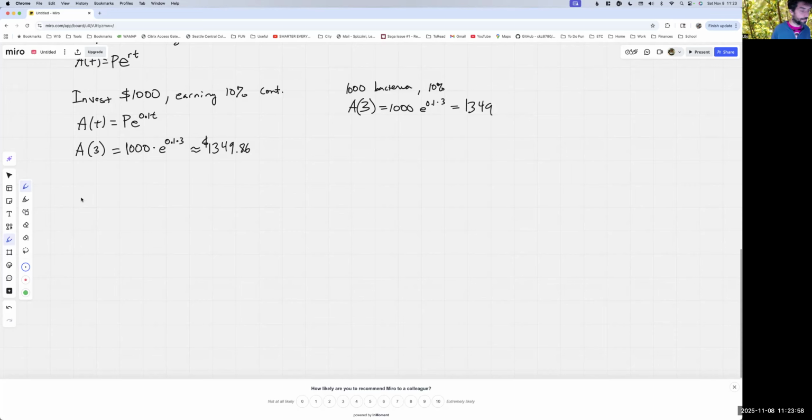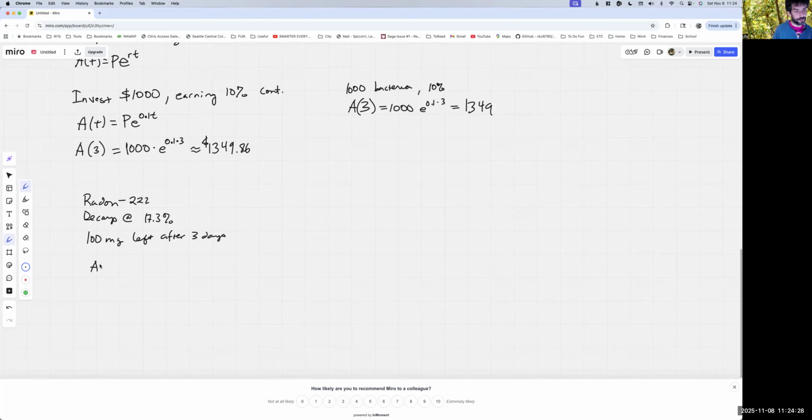So for example, let's say we have radon 222, and we know it decays at a continuous rate of 17.3% per day. We want to know how much of 100 milligrams is left after 3 days. So we start with 100 milligrams, and we want to know how much we'll have in 3 days.